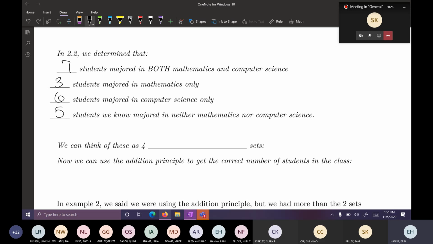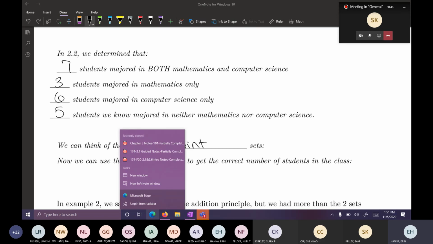So once you break it up into those different pieces, you can now think of those as 4 disjoint sets. Once you have disjoint sets, we could add those together to triple check ourselves.